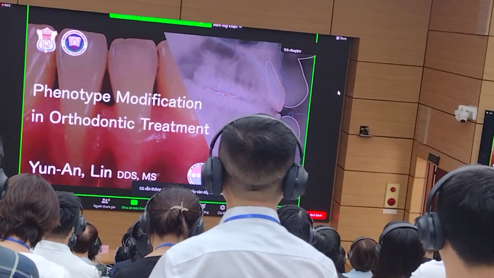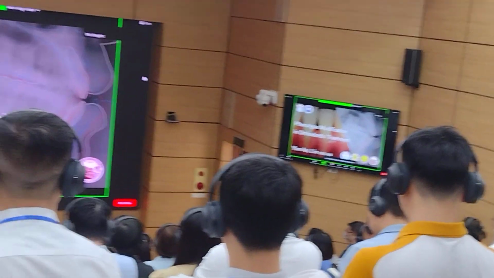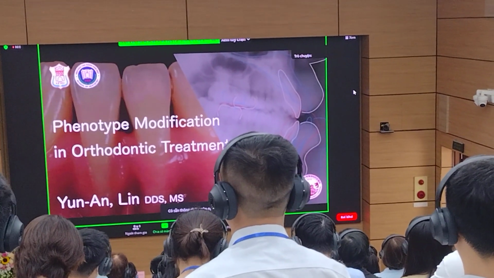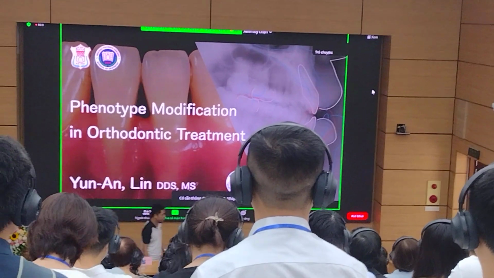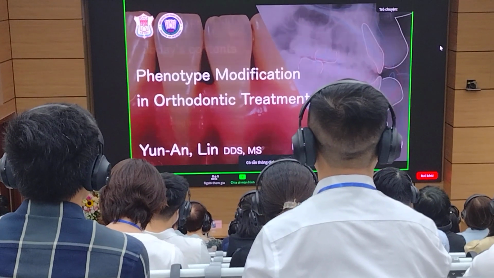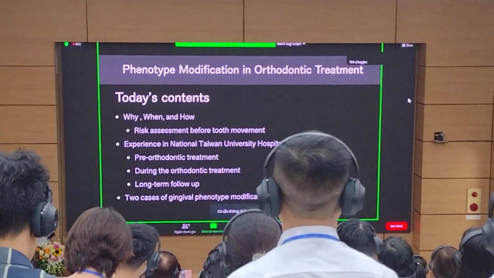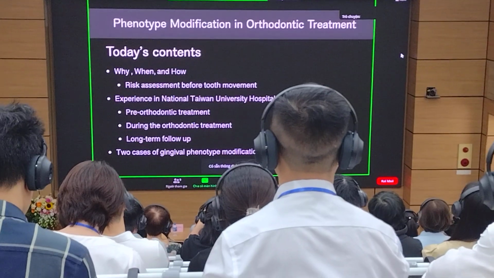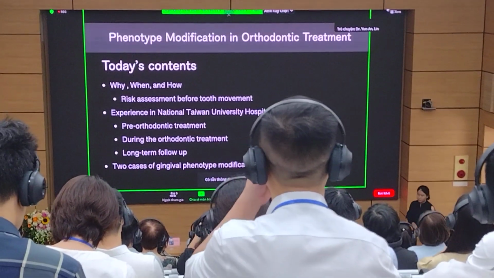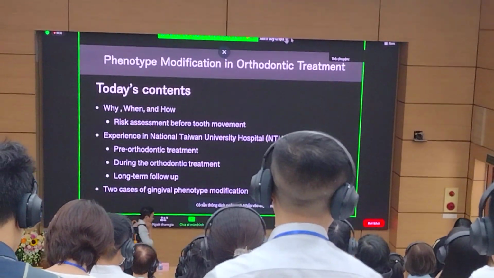Today, I'm going to share some clinical experience and interdisciplinary cooperation in our hospital and present some cases of phenotype modification in orthodontic patients. In today's topic, I will talk about the risk assessment before tooth movement and illustrate the decision-making in National Taiwan University Hospital.